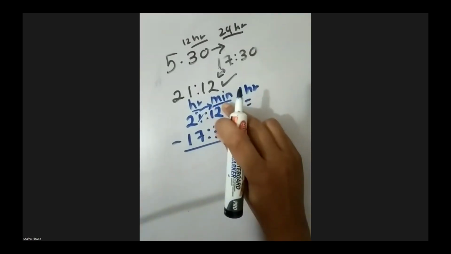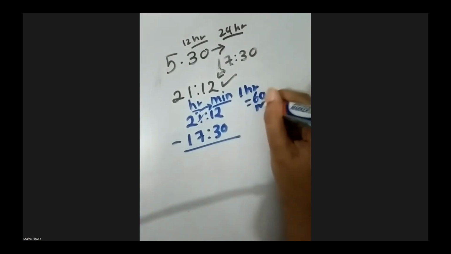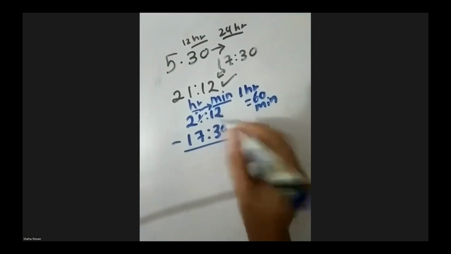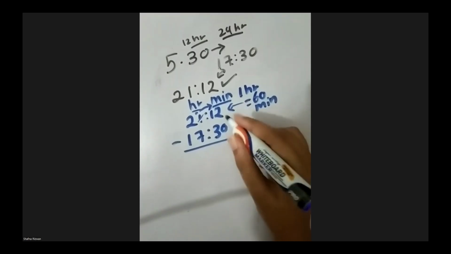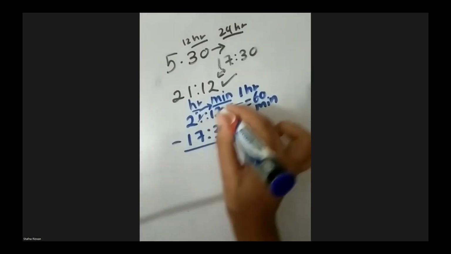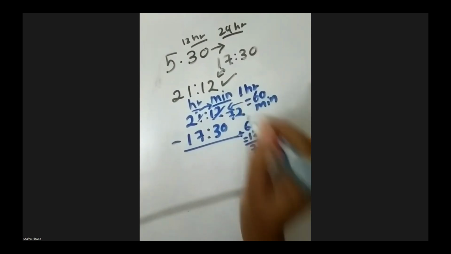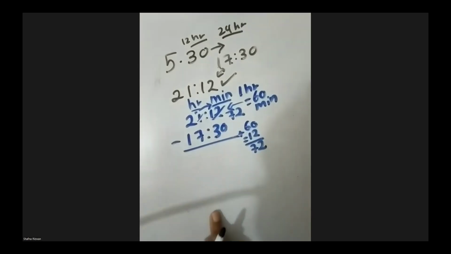Then 1 hour if you give to minutes, how much is 1 hour in minutes? 60 minutes. Then to 12 I am giving 60 minutes. Then 60 plus 12 is how much? 0 plus 2 is 2, 6 plus 1 is 7. So this will become 72 minutes.